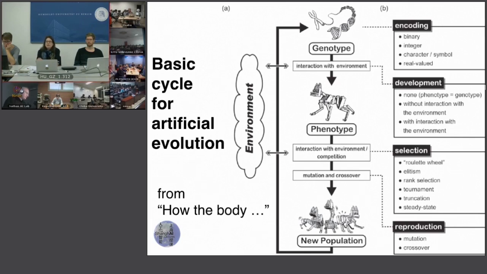So the phenotype is developed, also strongly influenced by the environment. And then we have this phenotype. The phenotype behaves in a particular way, and also interacts with the environment, and has some competitions as well. The phenotype has maybe a particular task in the environment.